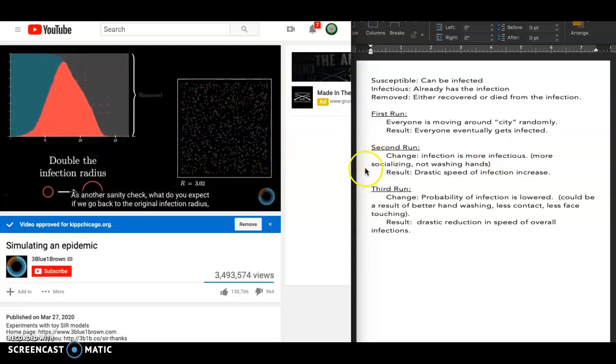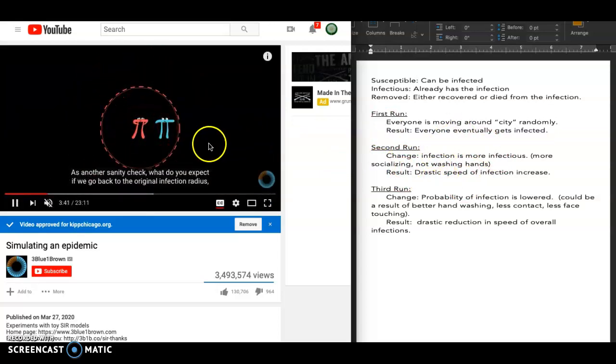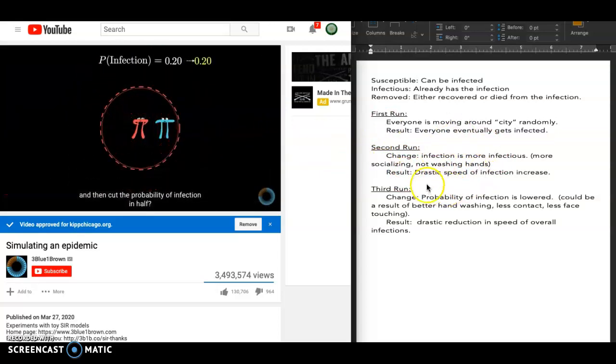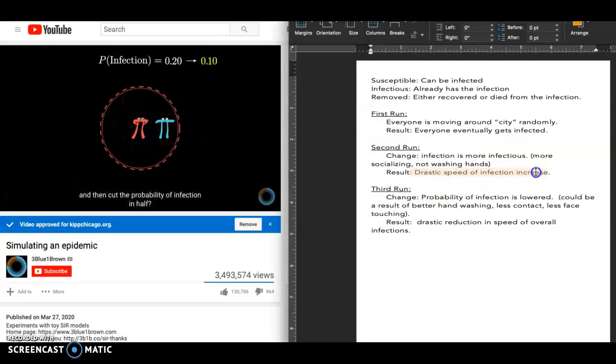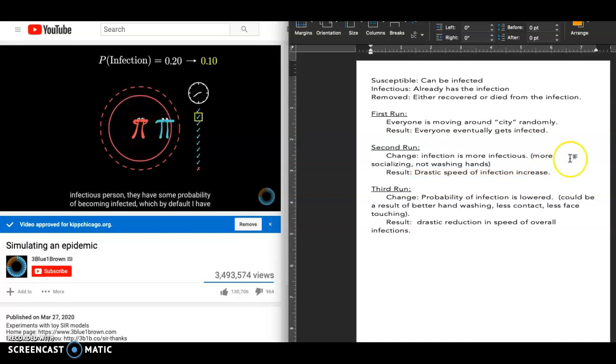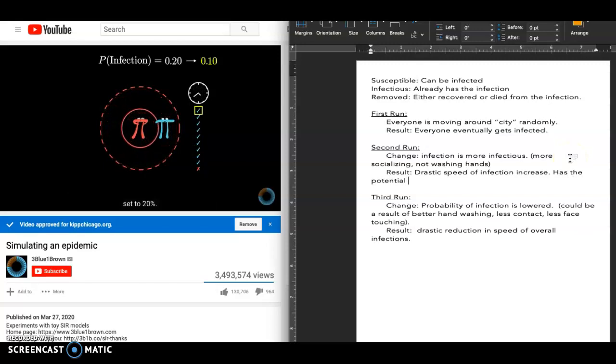As you can see while this is running, just looking at the notes, we see a drastic speed of infection increase. Another note that we could add here is that this situation has the potential to overwhelm, spelled that wrong.